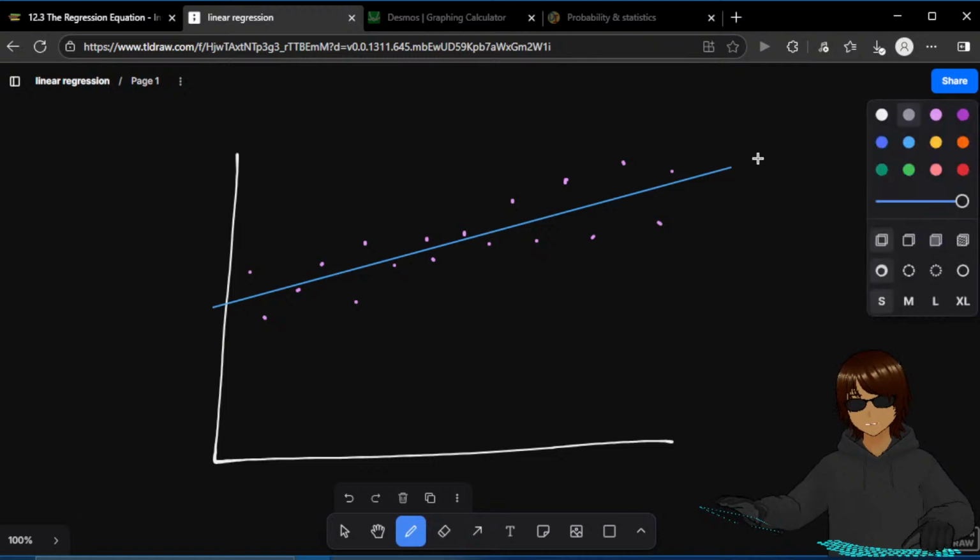Let's call the prediction y hat, which is equal to mx plus c. When we input x, we get some y hat value, which is not exactly the same as the actual value.